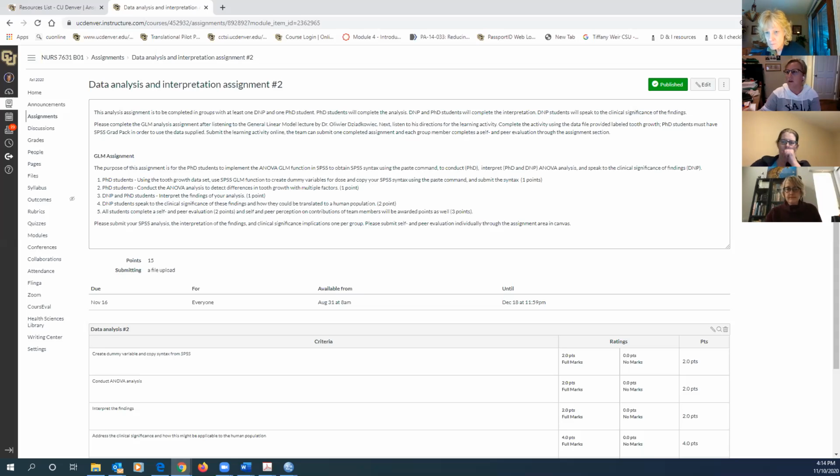No, I meant you don't need this. I would do two separate files for 1 and 2, but we don't need to highlight. You just really need the analysis to show that we did the ANOVA correctly and that we understand it. For number 2, we're not asking anything about syntax. That was my question. Yep.